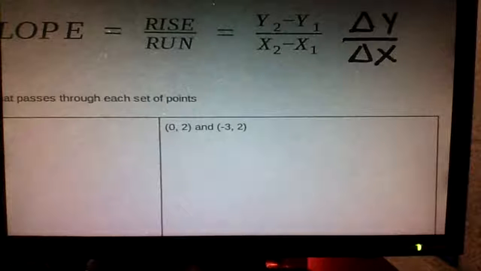Okay, so we're doing change in y over change in x. So when you're using that formula, you need to label these. Okay, so 5 comma 2 should be your x1, y1. Your 4 comma negative 1 should be your x2, y2.